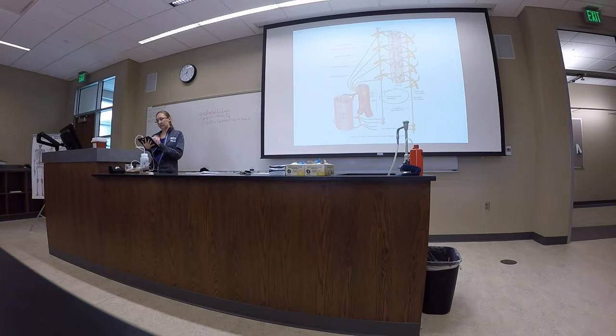The greater splanchnic nerve is a bundle from T5 to T9. They bundle together. The lesser splanchnic nerves, T9 and T10, or T10 and 11, depending on the individual. The least splanchnic nerves from T12. Lumbar splanchnic nerves from L1 to L2.